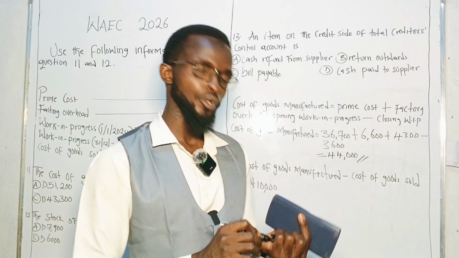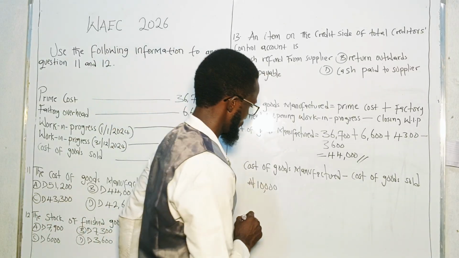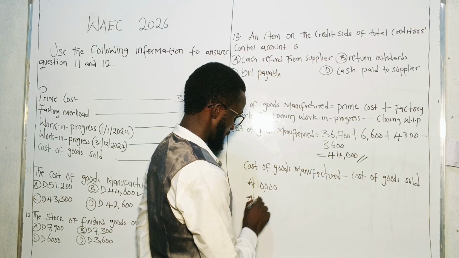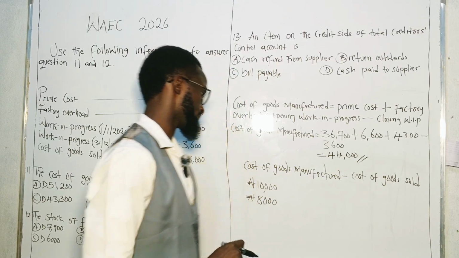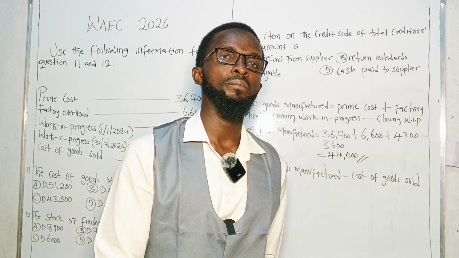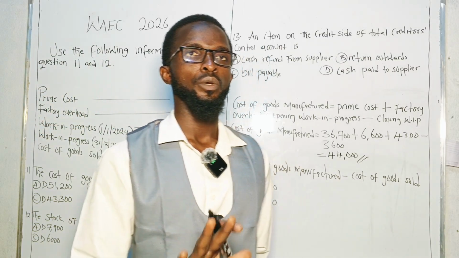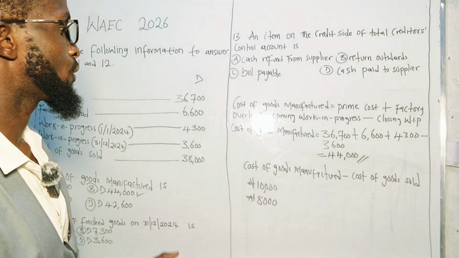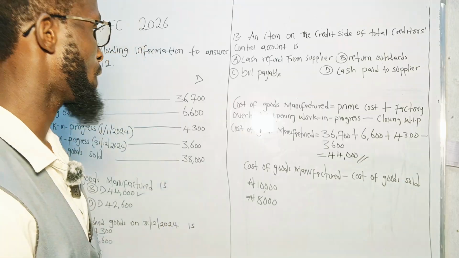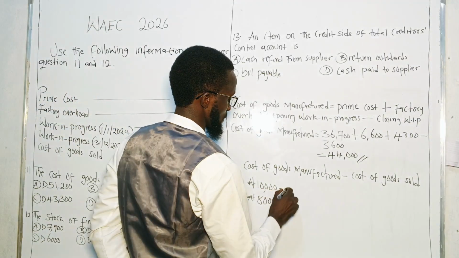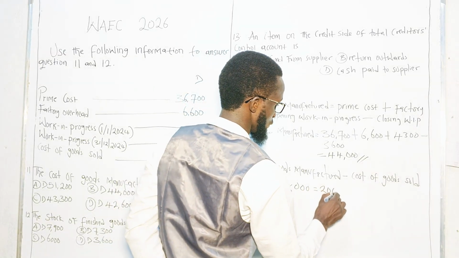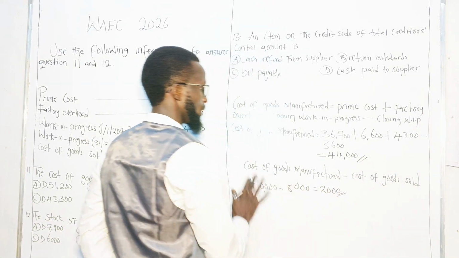You've sold goods worth 8,000 naira. So if you want to determine your closing stock, the unsold goods, you say the cost of goods you manufactured minus the cost of goods sold. So that's how we are going to determine it. 10,000 minus 8,000 is equivalent to 2,000. So this is how we are going to calculate this.